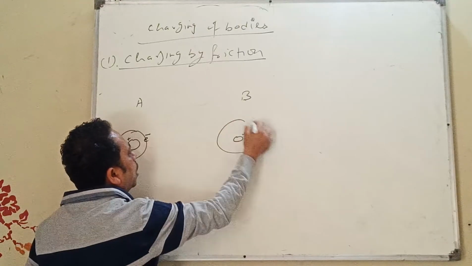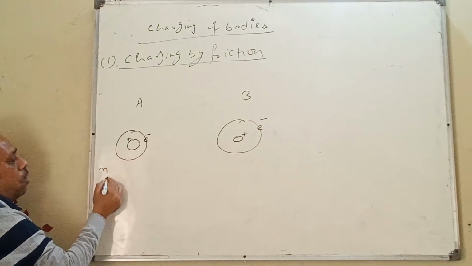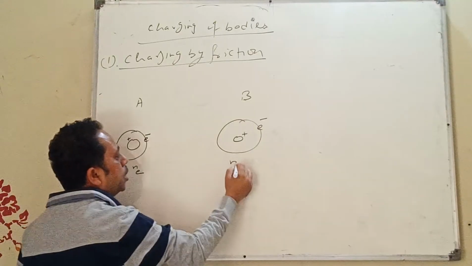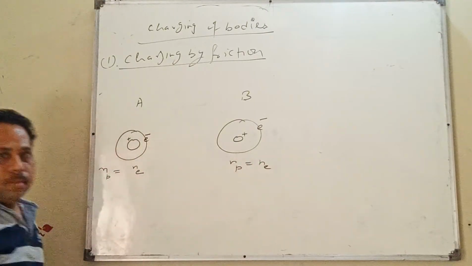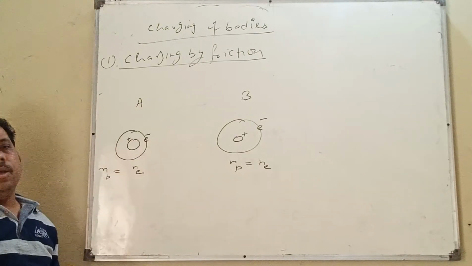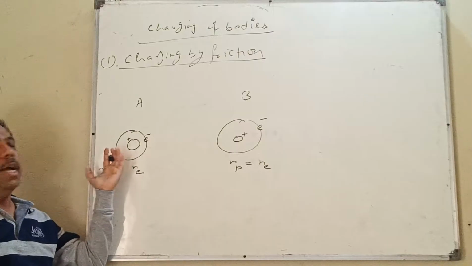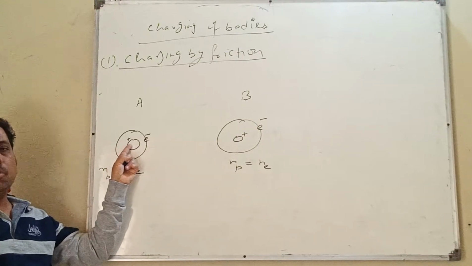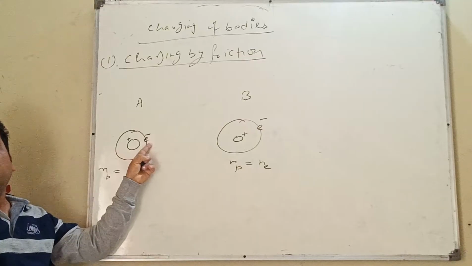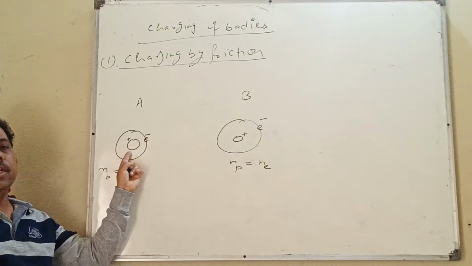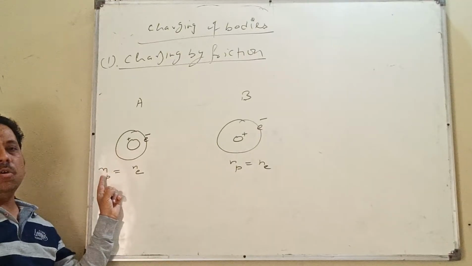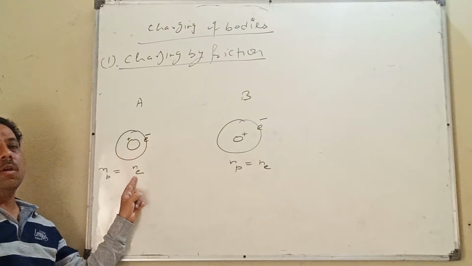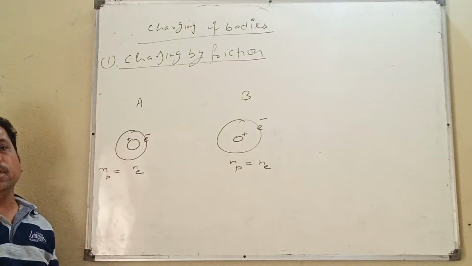Same is the case for body B. The number of protons is the same as the number of electrons, that's why the atom is electrically neutral.